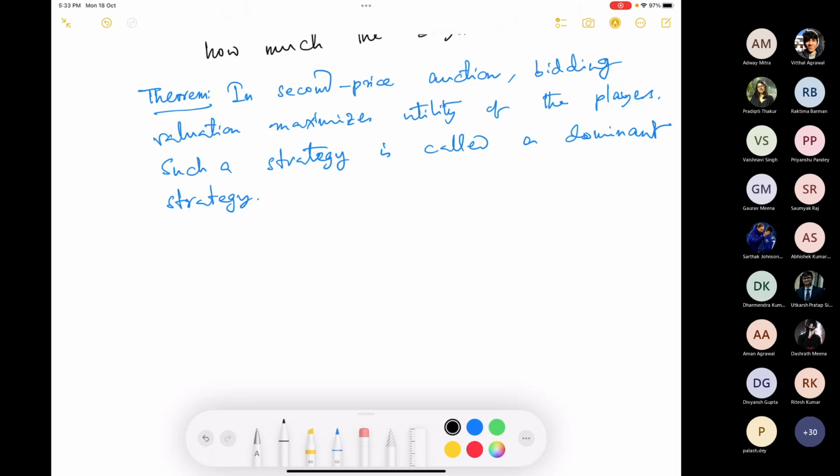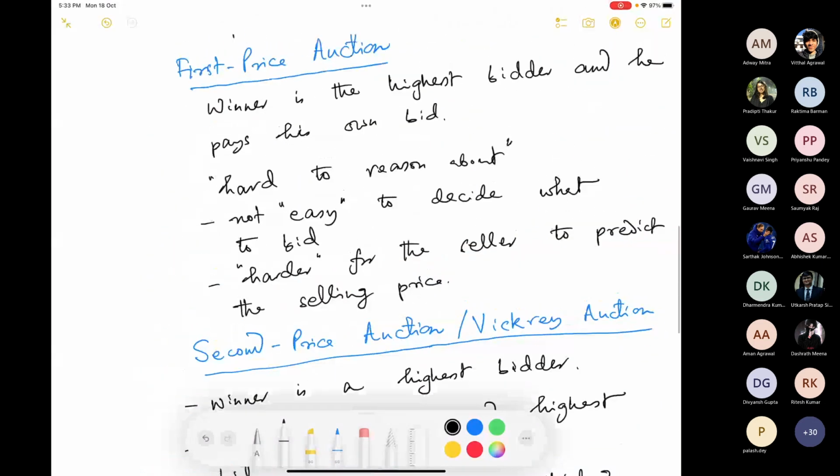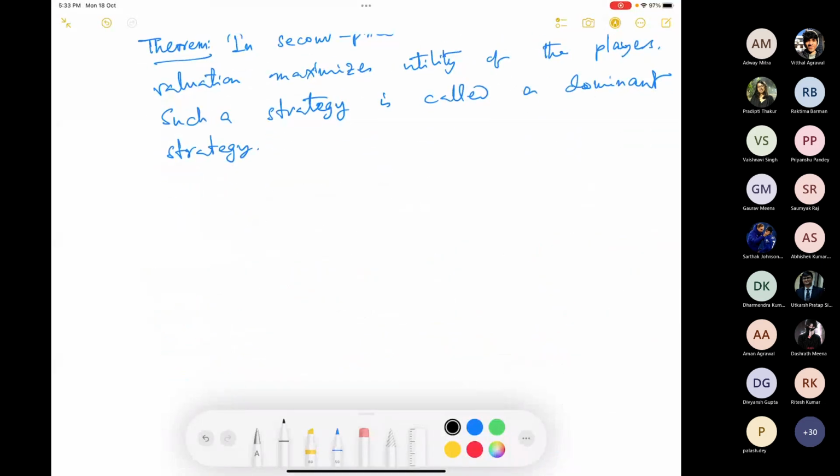That is what we mean by the second price auction is much easier to reason about. Okay, question about the statement of the theorem before I prove this. Okay, so let's prove it.